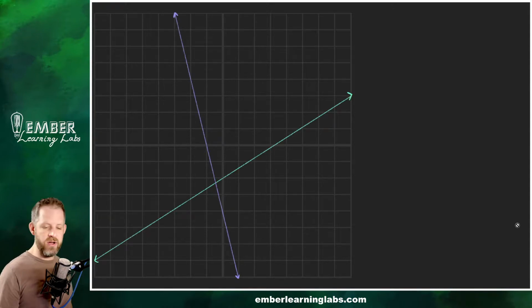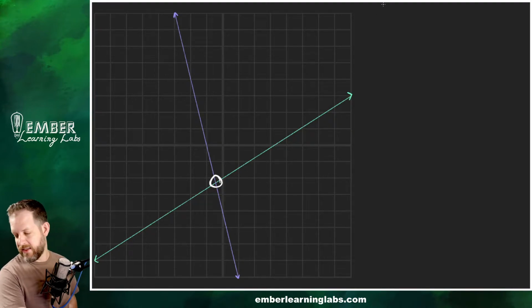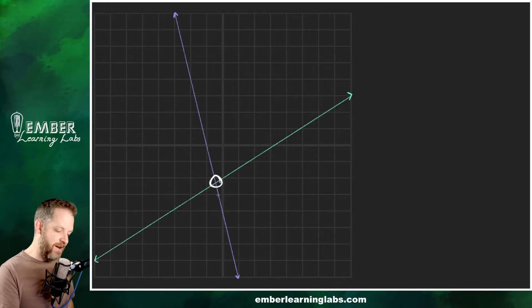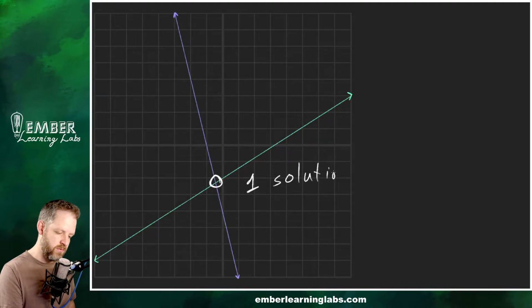So the first one is where the systems cross at a single point. Okay, so these two cross at a single point, right? They cross at one point and they have one solution. And that one solution is where they cross. So they have exactly one solution, and that solution is right there.